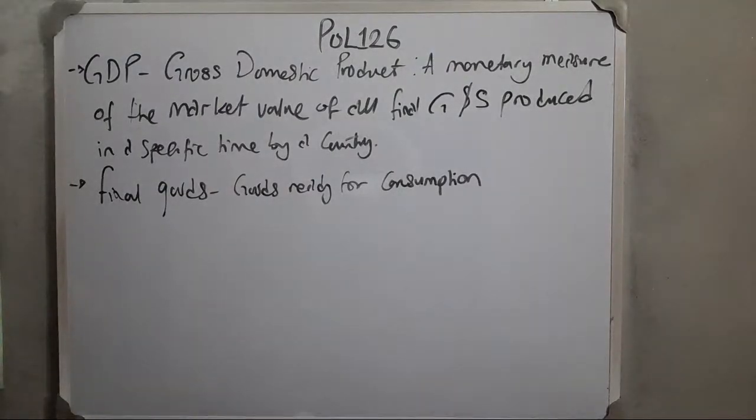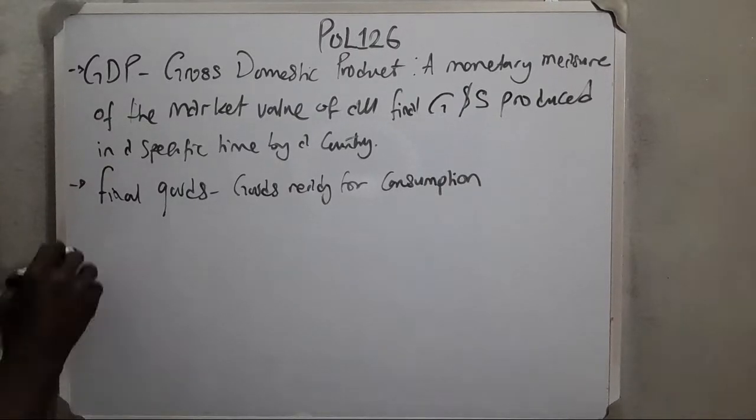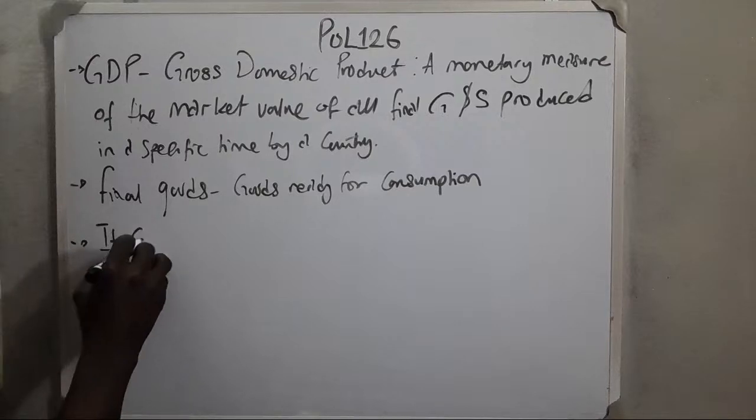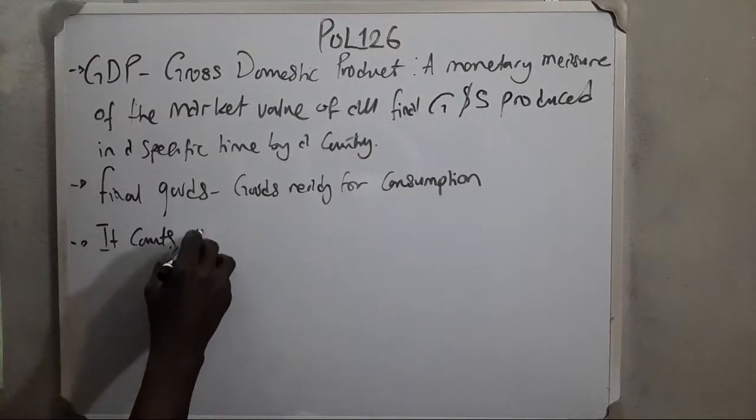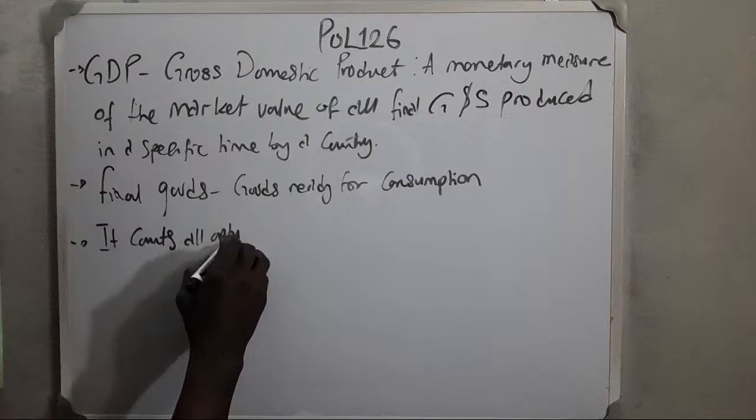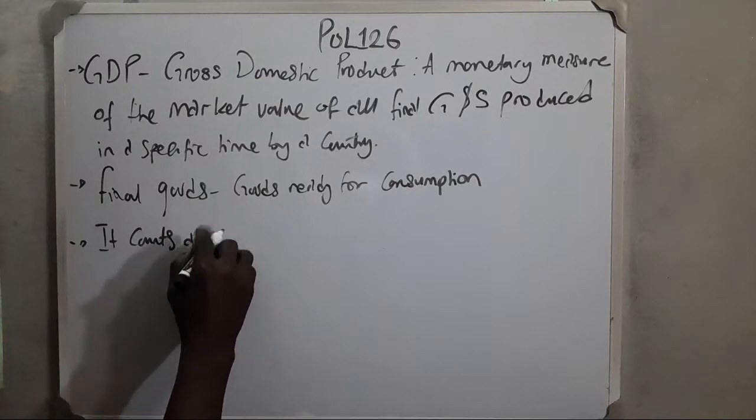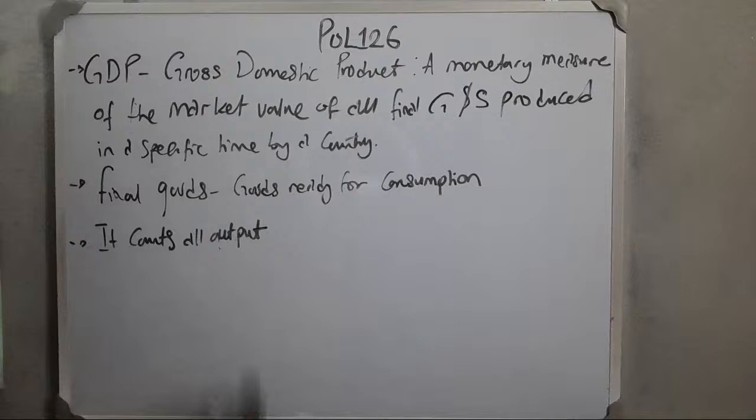Goods produced in a country for a given time. GDP counts all output generated within the borders of a country. It puts into consideration all outputs.